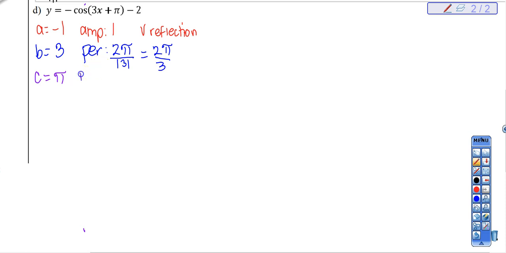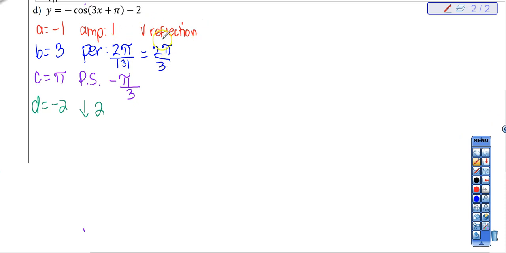Okay, and so let's find our phase shift. Our phase shift is the opposite of our C term over our B term. So that means we're pushing the graph to the left, pi over 3. And then we also have a D term. Wow. Okay, so our D term is -2, and that means we're going to push the final graph down 2. So we'll reflect the final graph and push the points down 2.